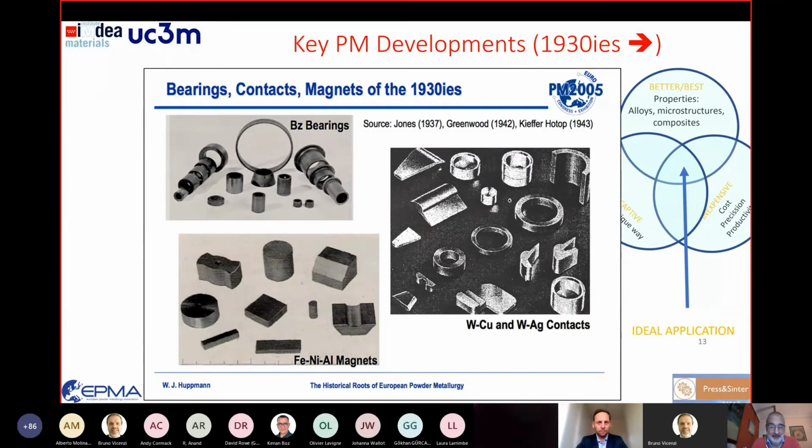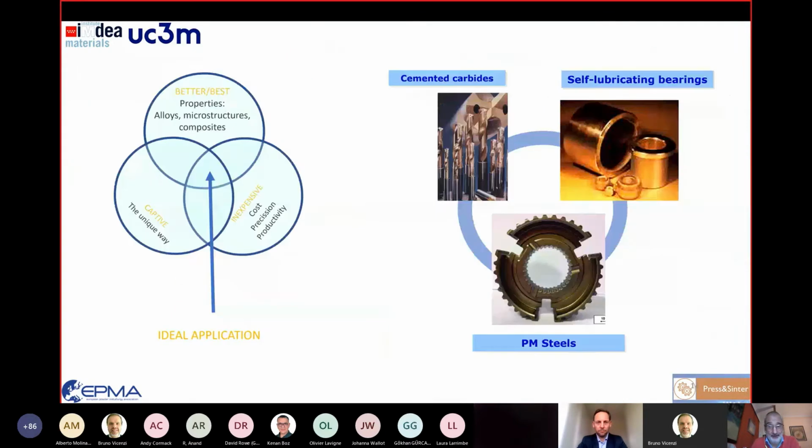So this is the typical application in which it's not so difficult to manufacture. It's difficult, but not so difficult. It's just press and sinter in that case, and you can reach a really interesting material that cannot be obtained by any other alternative method.